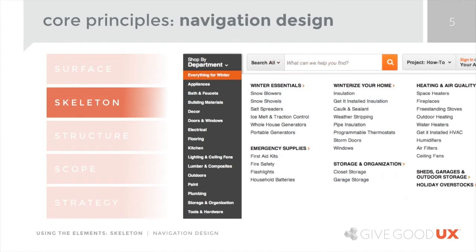And when you click it, you get this large contextual navigation menu that shows you a bunch of categories. Underneath each main category, there are individual choices. Under winter essentials, I have snow blowers, snow shovels, salt spreaders, ice melt and traction control, whole house generators, portable generators. The point is this: the minute I see that list, I need to see at least one thing that sort of speaks to what I'm after.